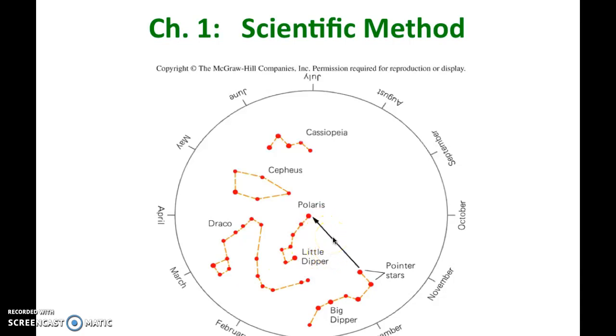When the area connecting the head of the big dipper to the Polaris point upward, it is January. It is July when this area points downward.